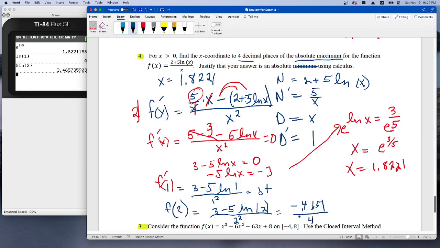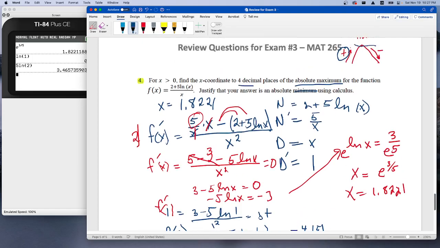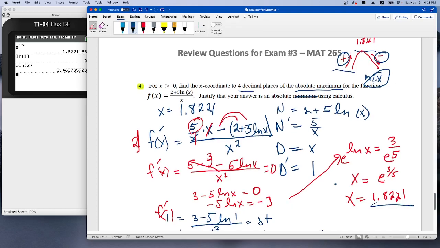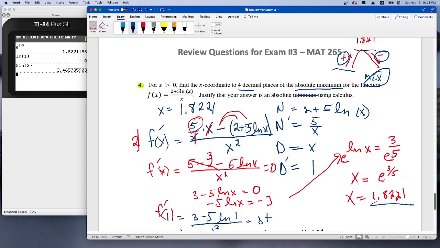And so we have now verified we had a positive slope on the left, a negative slope on the right. That means a maximum. Okay, so we've justified that not only did we get the answer, but that it is a maximum. So again, multiple choice, we were done up here. We just needed to find it.